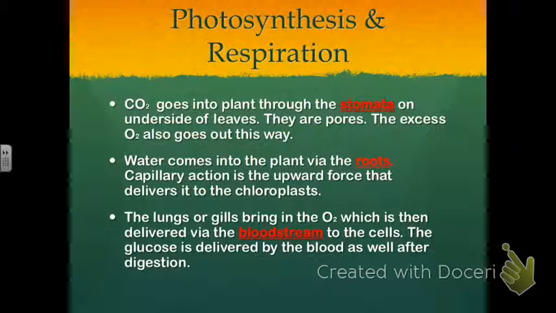And that's the organelle where photosynthesis takes place. The lungs or gills, if you're not a plant, bring the oxygen in, and it's delivered via the bloodstream to all the cells. And then the glucose is also delivered by the bloodstream after digestion, when food is broken down to its simplest forms. Those nutrients that are needed are delivered where they need to go.